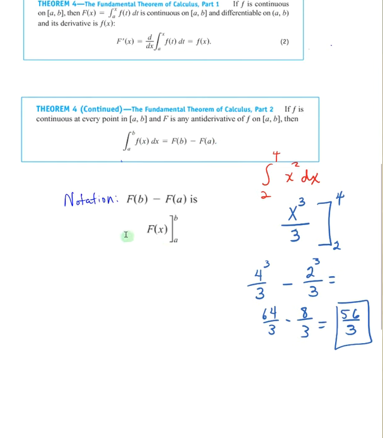So this is what this looks like when you do the F of b minus F of a. Remember, we had that line that we drew, the brace, and we plug it in. And so here's just an example to remind us.